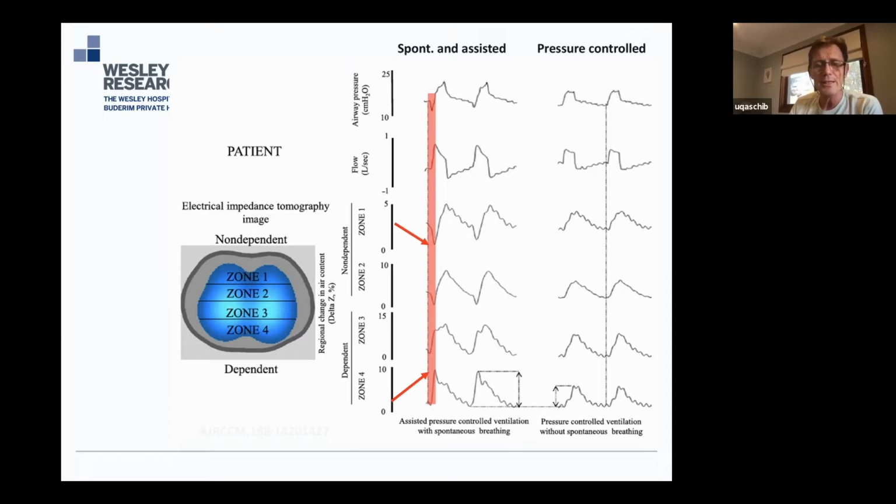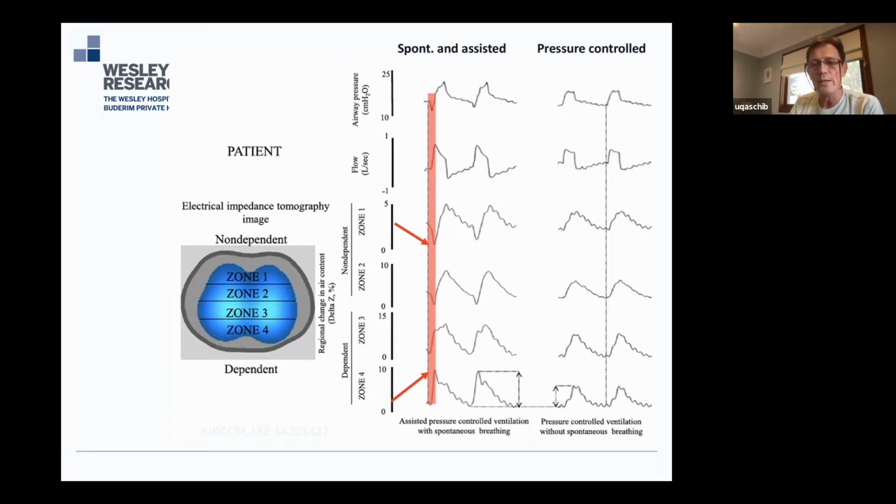And interestingly, if you measure the so-called volume change, EIT measures, as I said, only volume change, you can see that the timing of volume change in zone 1 and zone 4 at the beginning of the breath is almost in opposite direction.